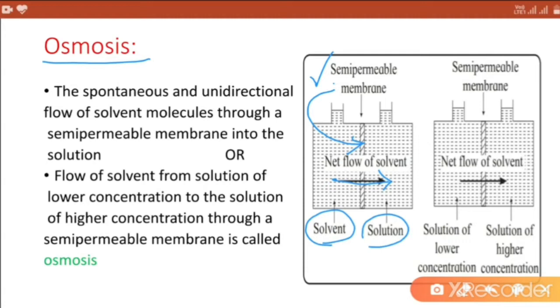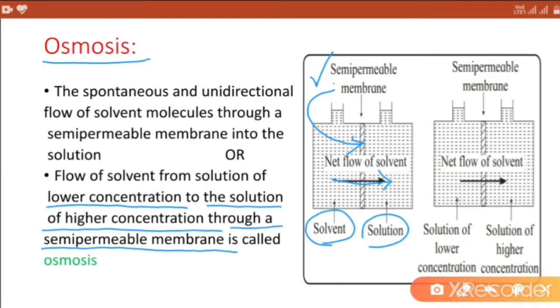Another definition of osmosis: flow of solvent from solution of lower concentration to the solution of higher concentration through a semi-permeable membrane is called osmosis.